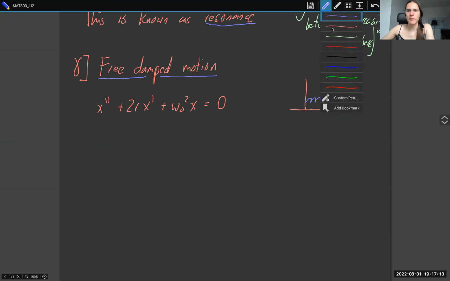And then you have some weight right here. So as this thing oscillates on the ground, there's also friction.